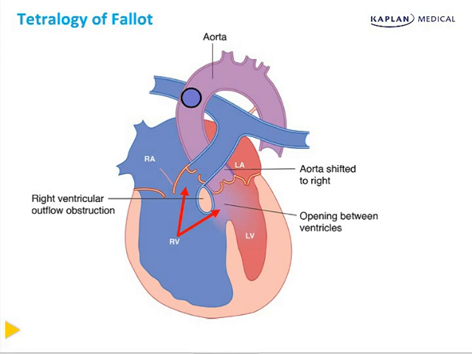So when the child does anything that lowers the systemic resistance, that lowers pressure in the systemic vasculature, that will make it easier for blood to flow from the right ventricle into the left ventricle, and that promotes cyanosis and makes the kid turn blue.